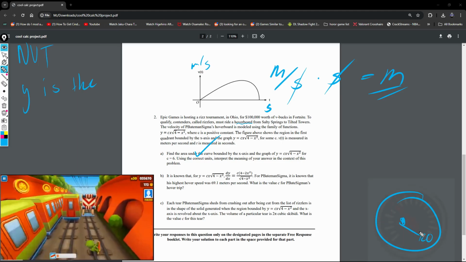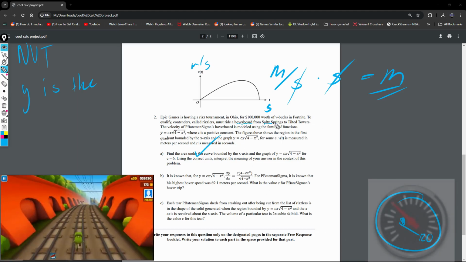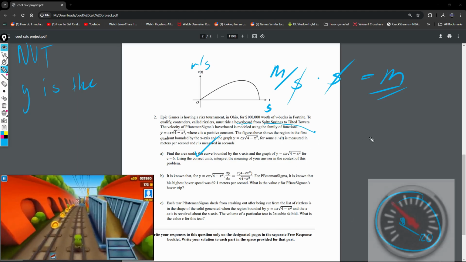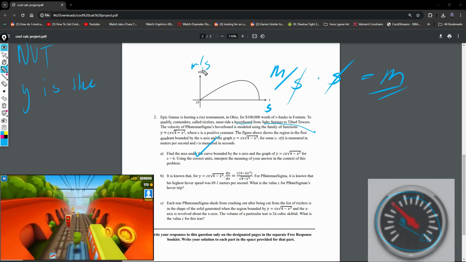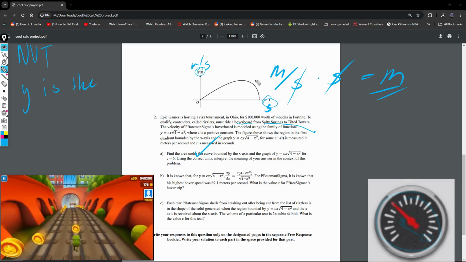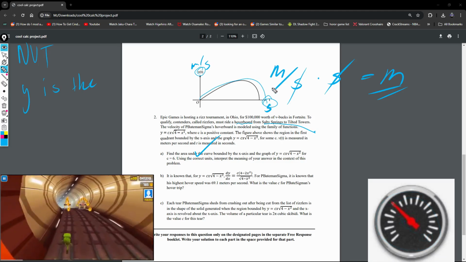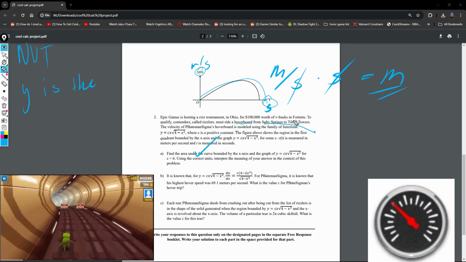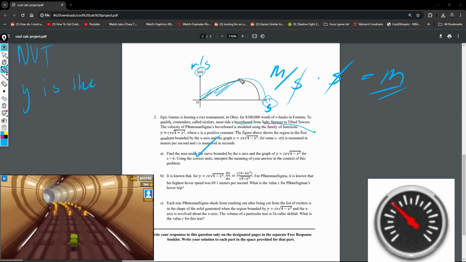He only has a speedometer, and he doesn't know how far he's going from Salty Springs to Tilted Towers. But if he wanted to find out, what would he do? He would obviously graph his velocity over time as a function, right? Like that's basically the first instinct you should have, and he would find the area under the curve.